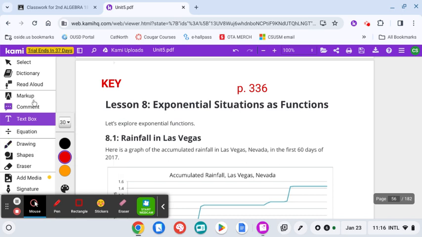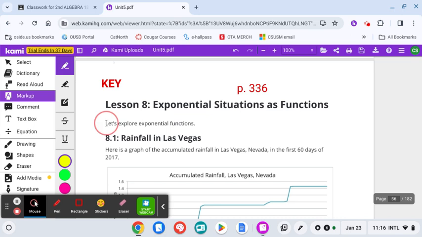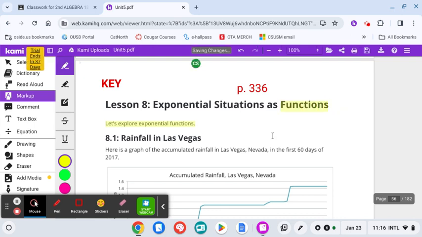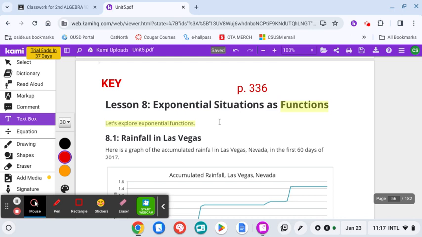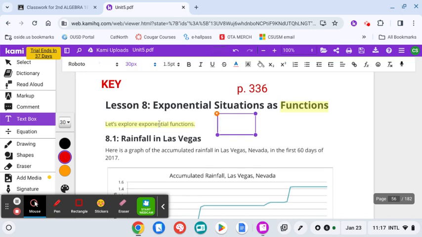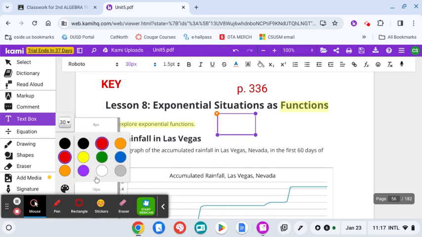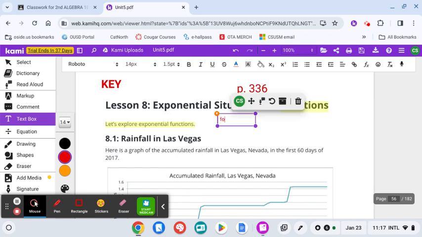Before we started class today, we did a quick review where we're exploring exponential functions, but we wanted to review what this word function means again. Students shared out that they recalled that the definition of a function was for every input, there's only one output.